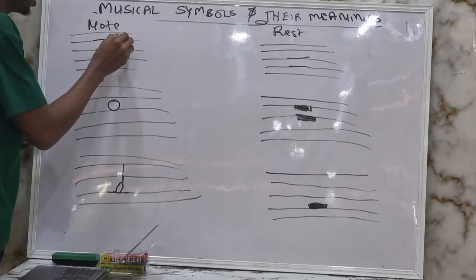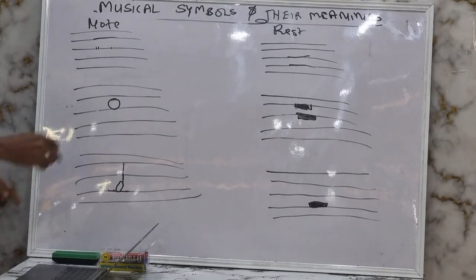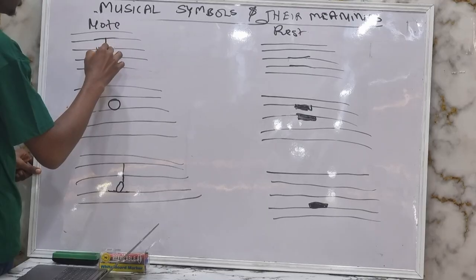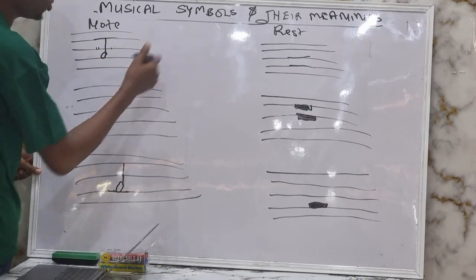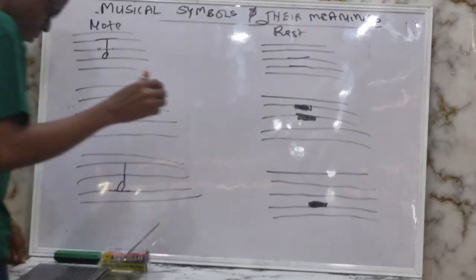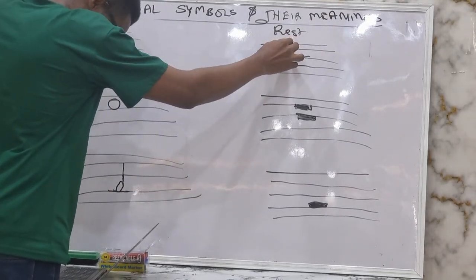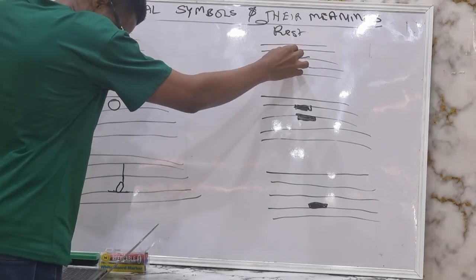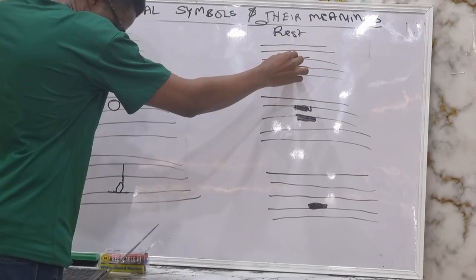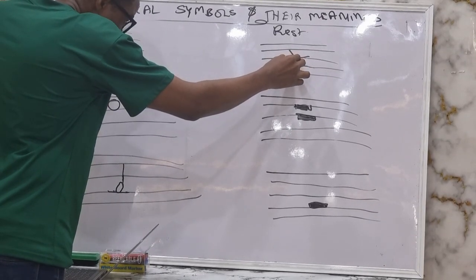And then the next one we have is the crotchet. We usually see this one more often. A lot of us would have seen this, but we don't really know what it is. How do I draw this now? It's so tricky. I'll try my best.